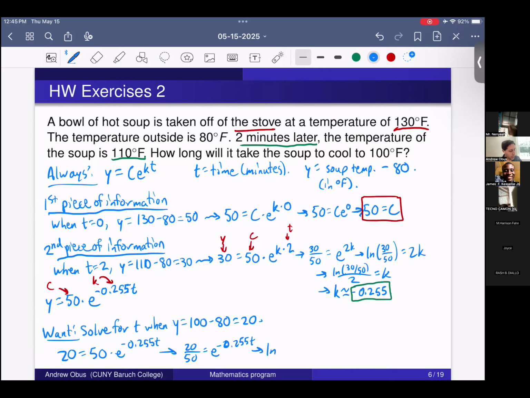Again, ln of both sides: ln of 20 over 50 equals minus 0.255t. And that tells us that t equals ln of 20 over 50 divided by negative 0.255.